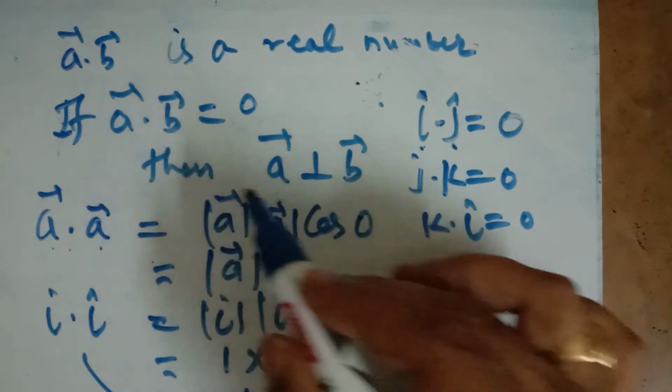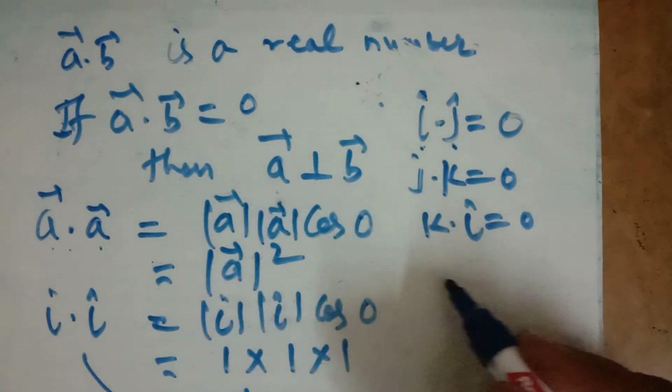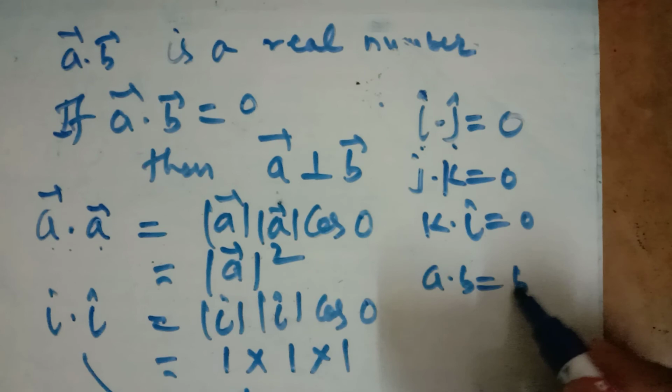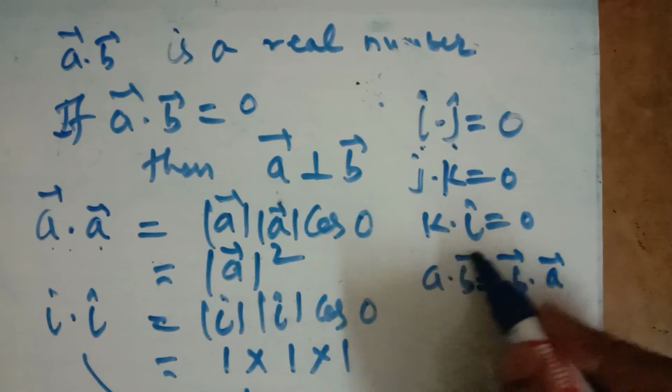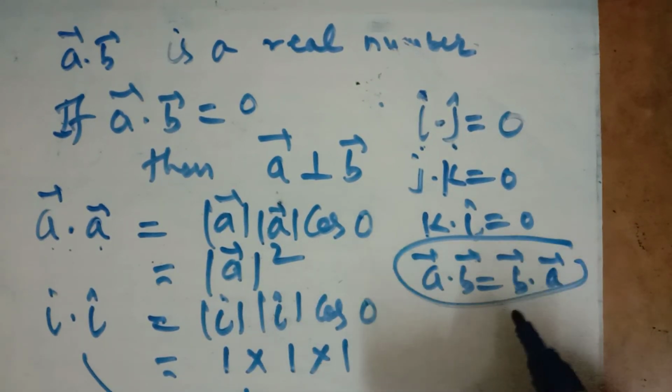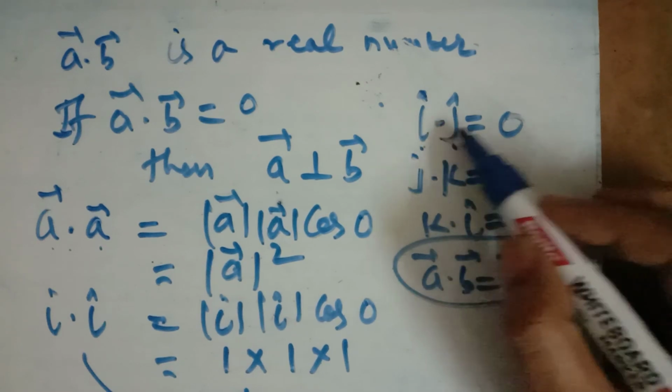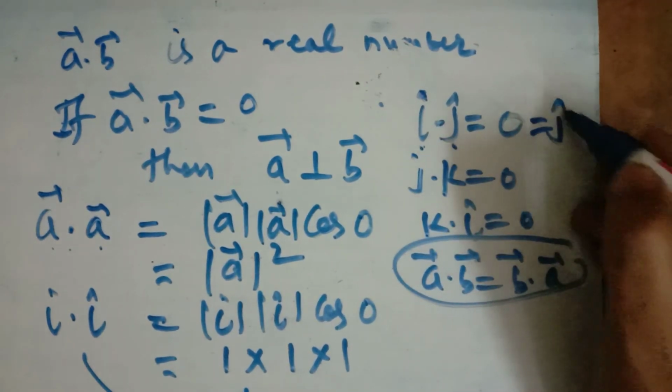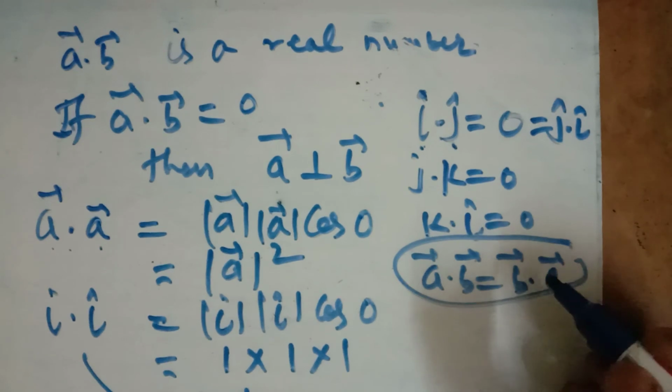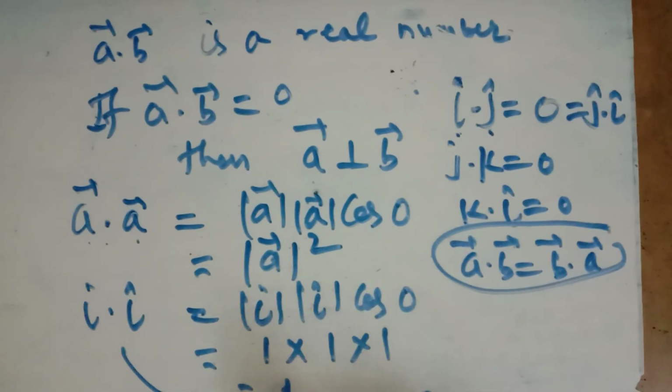Because a dot b is a scalar, a dot b will be equal to b dot a, that is, the dot product of two vectors is commutative. So j dot i will also be equal to 0 because the dot product is commutative.